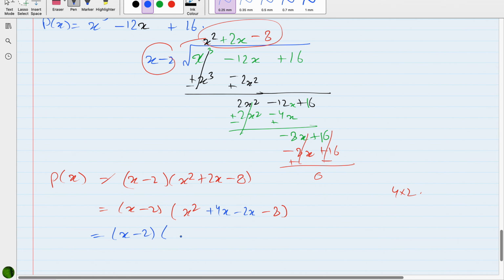Take out x common, this is x plus 4, minus 2 common, this is x plus 4, and last step, x minus 2 times x minus 2 times x plus 4. It has been factorized completely.